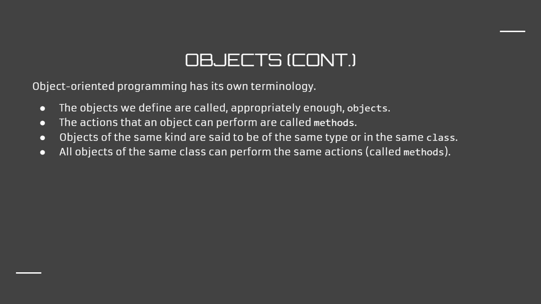The objects we define are called, appropriately enough, objects. The actions that an object can perform are called methods, which we have just learned about. Objects of the same kind are said to be of the same type or in the same class. And all objects of the same class can perform the same actions, again, called methods.